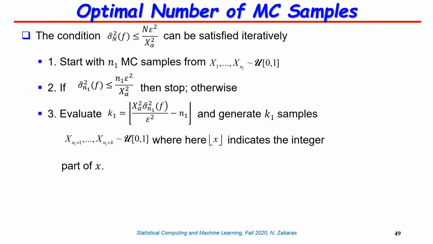So you will need k1 additional samples, and now you repeat the calculations: you calculate the variance of the estimator for those samples, and you evaluate this for the total number of samples. If this inequality is satisfied, you're done. If not, again, you find k2, etc., until the accuracy that you are interested in has reached the desired level.